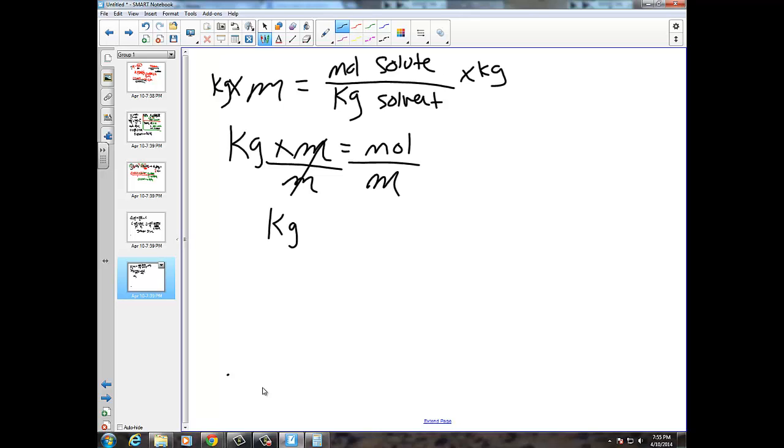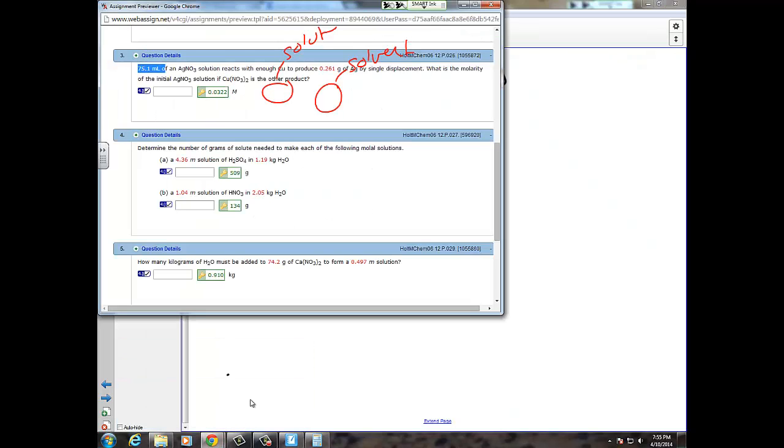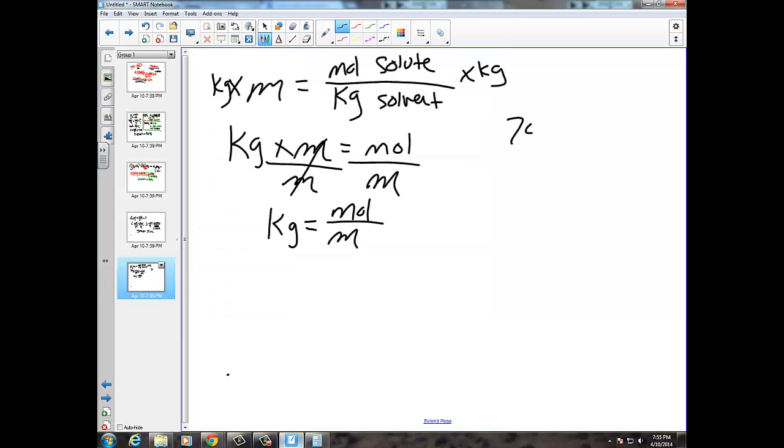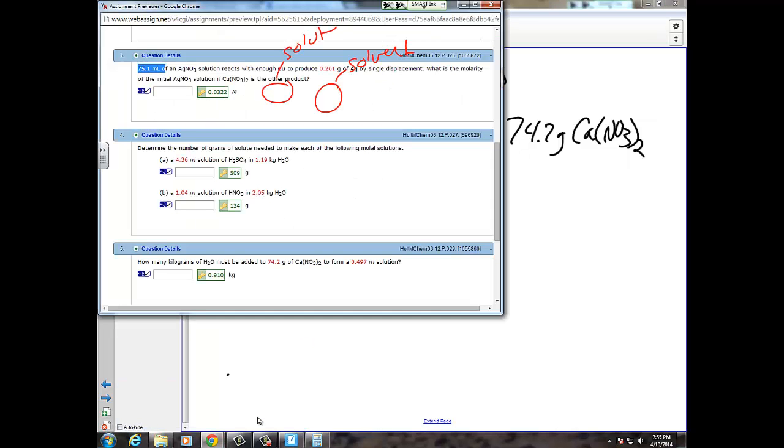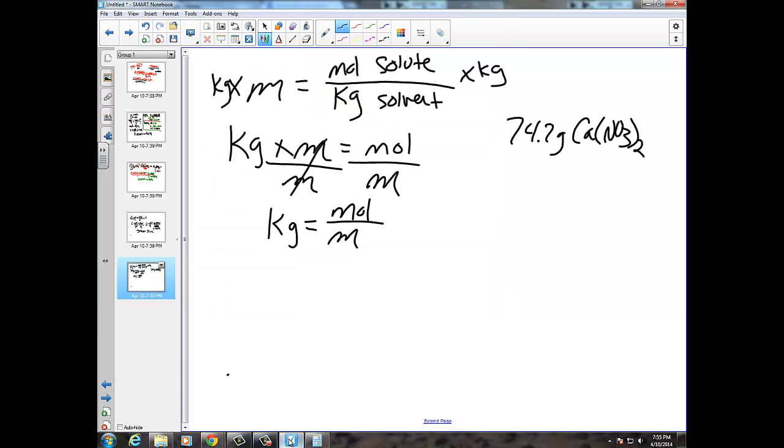So kilograms of my solvent is the moles of the solute over the molality of my solution. I've got 74.2 grams of Ca(NO3)2, and my concentration, the molality, is a 0.497 solution.